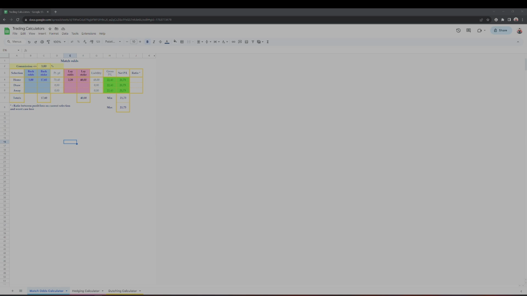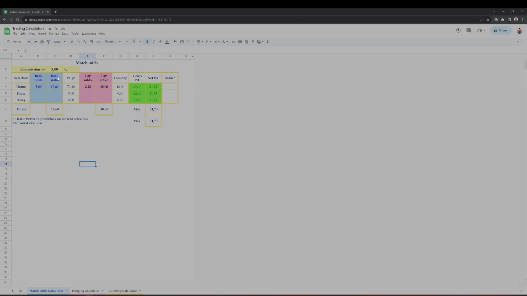So first of all, this is the very simple match odds calculator, and again, these are all solutions that are available on the internet. It's not that you necessarily need to build these calculators on your own.